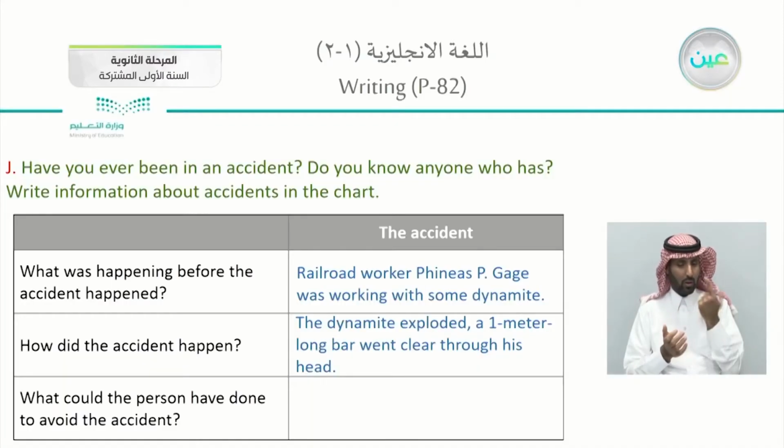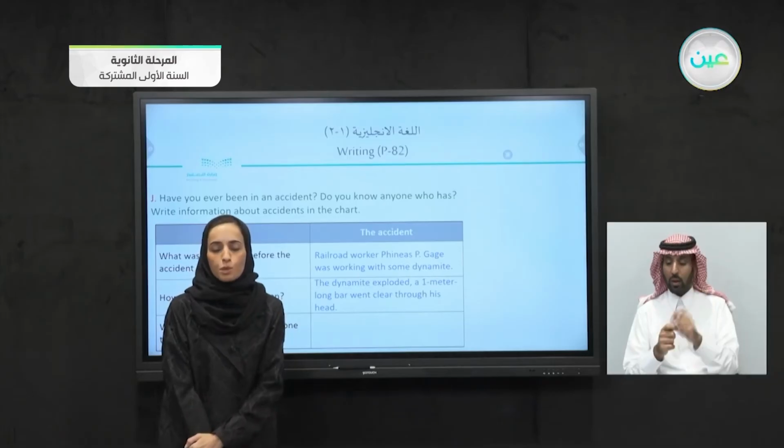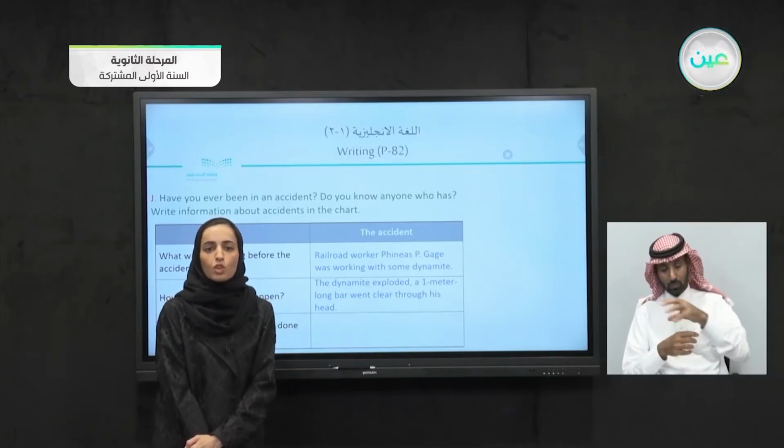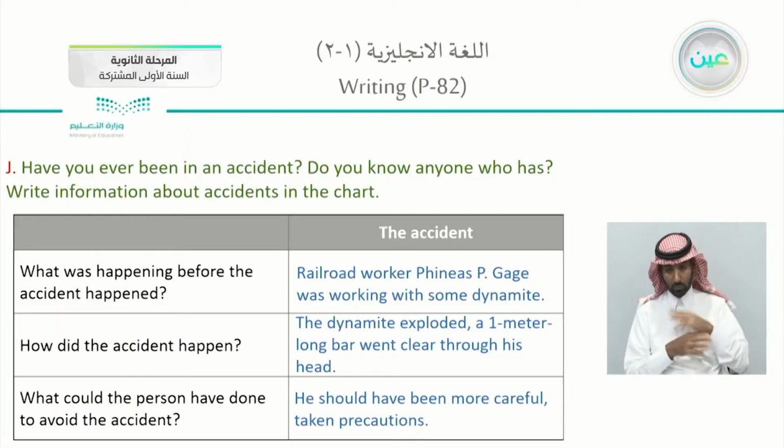Then, what could the person have done to avoid the accident? Now, we had the accident. Now, we want to give advice to this person so he can avoid such accidents, or other people can avoid such accidents in the future. We would say he should have been more careful and taken precautions.